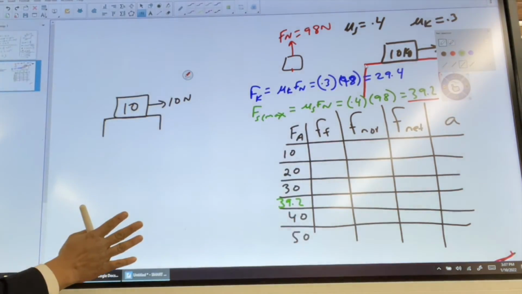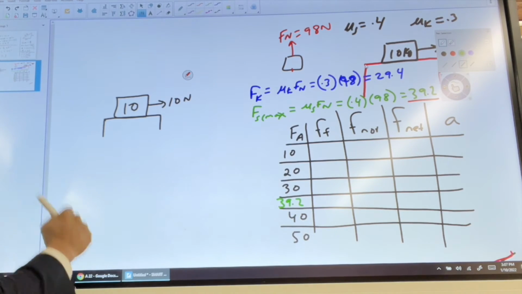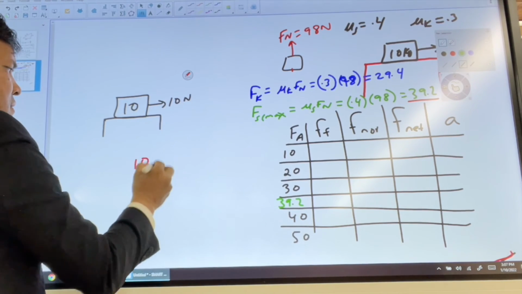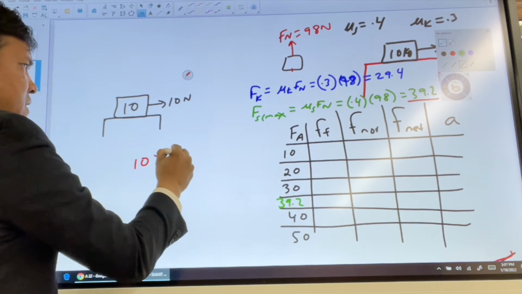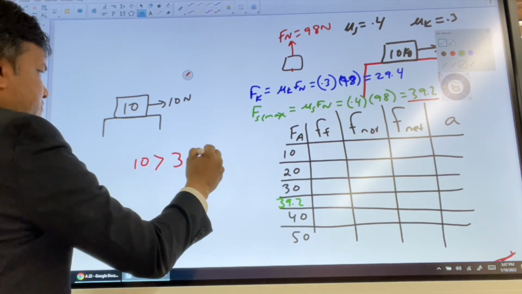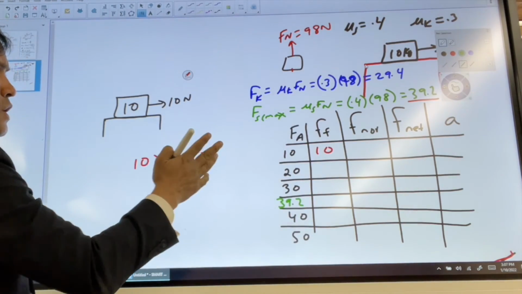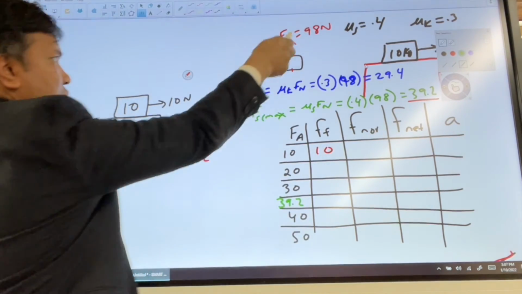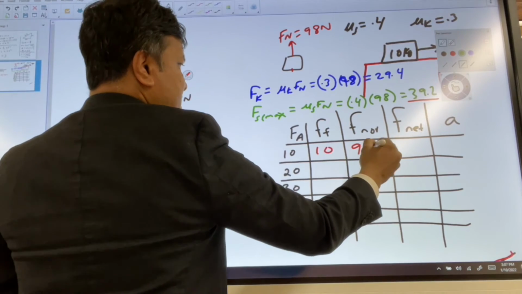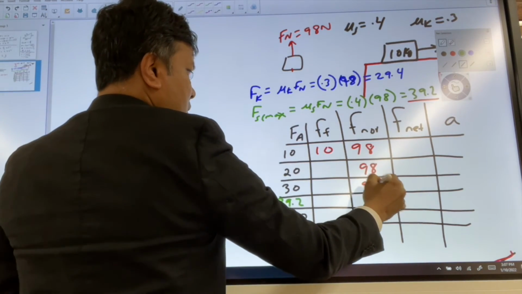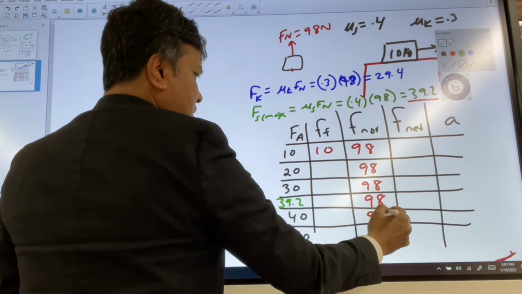Anything less than 39.2, the box won't move. So is 10 more than 39.2? Well, no. So force of friction would be 10. And the normal force, we already know, is 98 for all the problem.